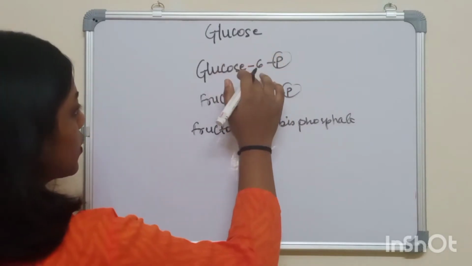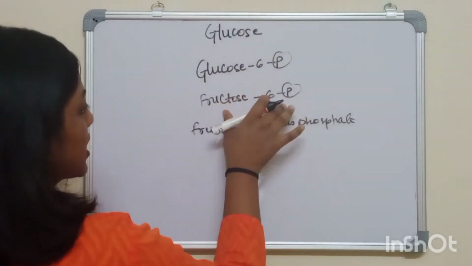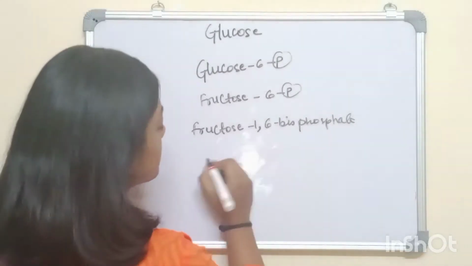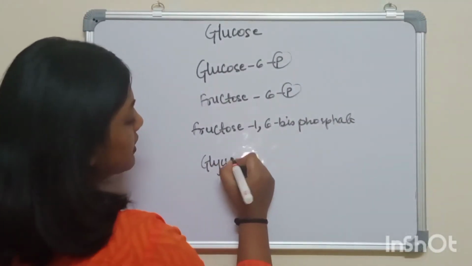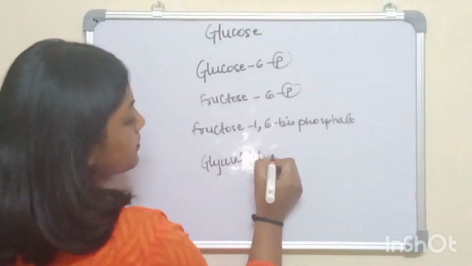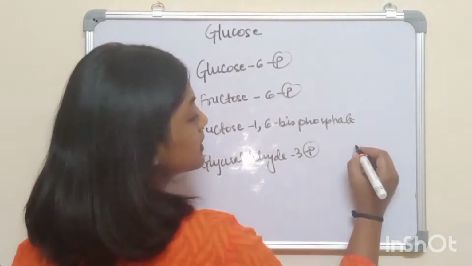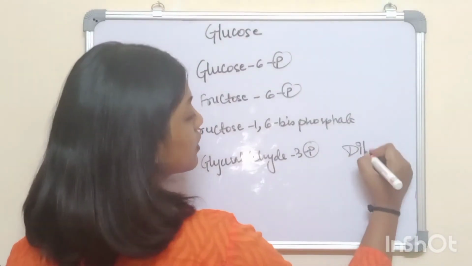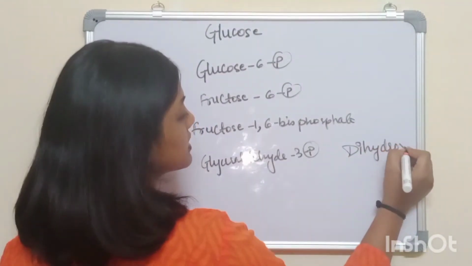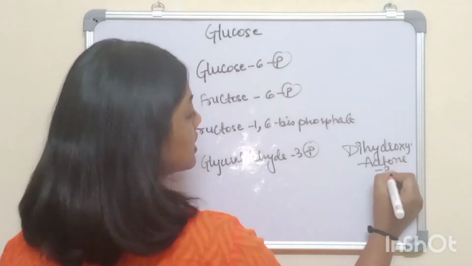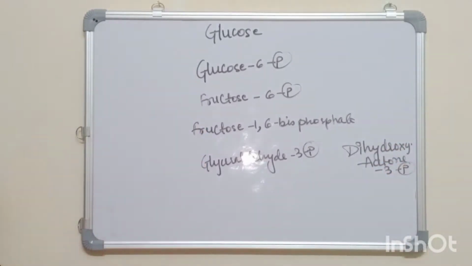So glucose, then glucose 6-phosphate, it gets converted into fructose 6-phosphate, then fructose 1,6-bisphosphate, then glyceraldehyde 3-phosphate and dihydroxyacetone 3-phosphate.